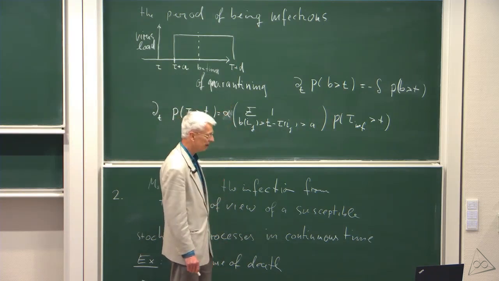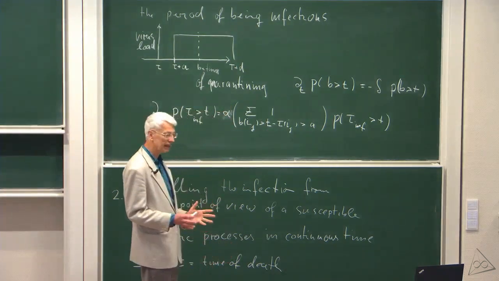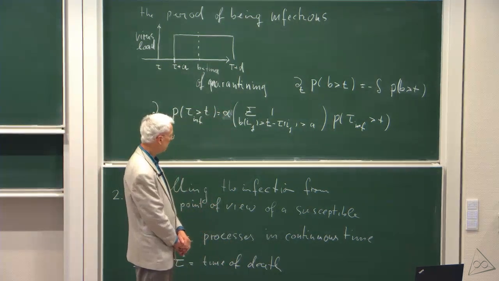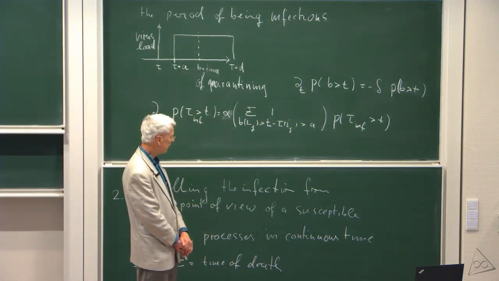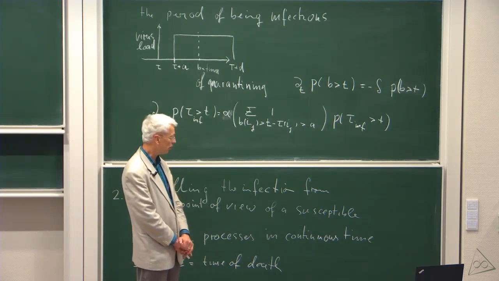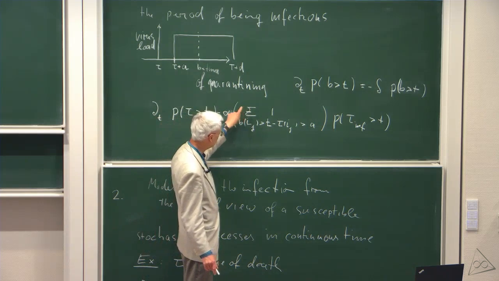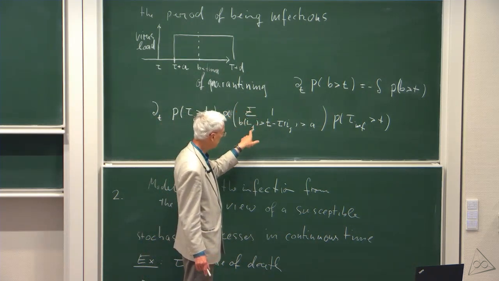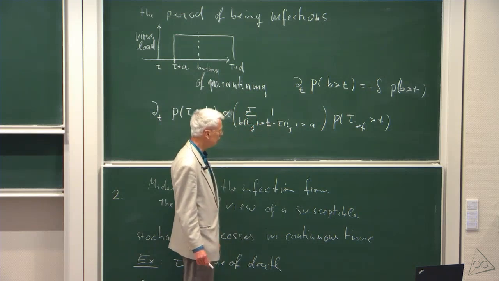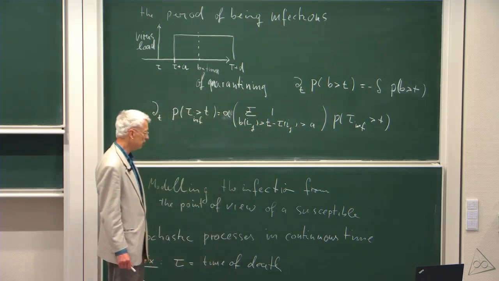Then we call that, the same as you do in theoretical physics, a mean field model. So what we are writing here is this sum, the average sum. It's the frequency at which you observe infectious individuals among your population.